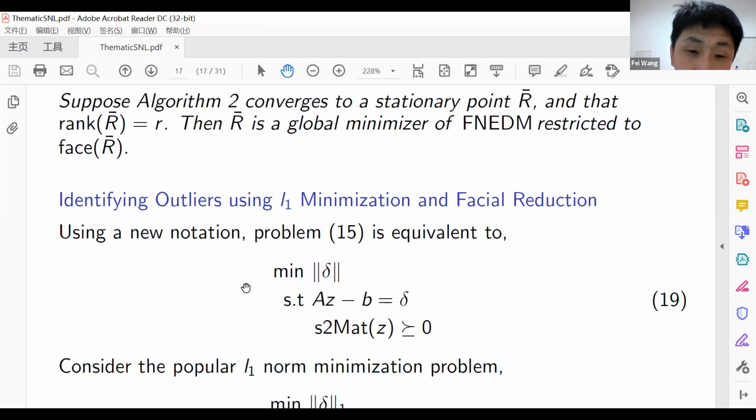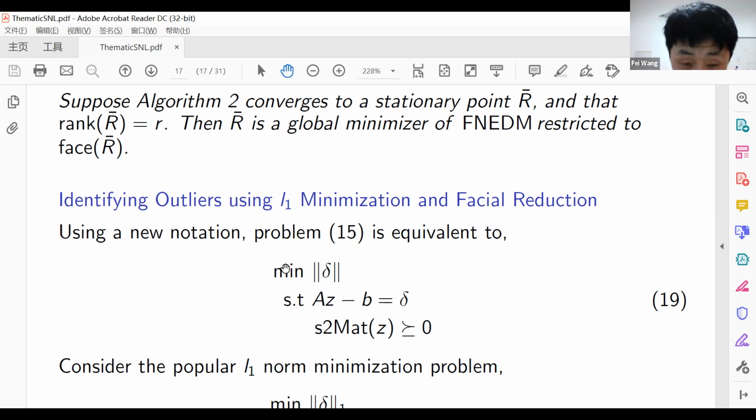Most of the noise is kind of Gaussian noise or something, small noise. But for example, if a tower is blocked by a building, or there's something wrong with the tower, then the error of the distance can be very big.